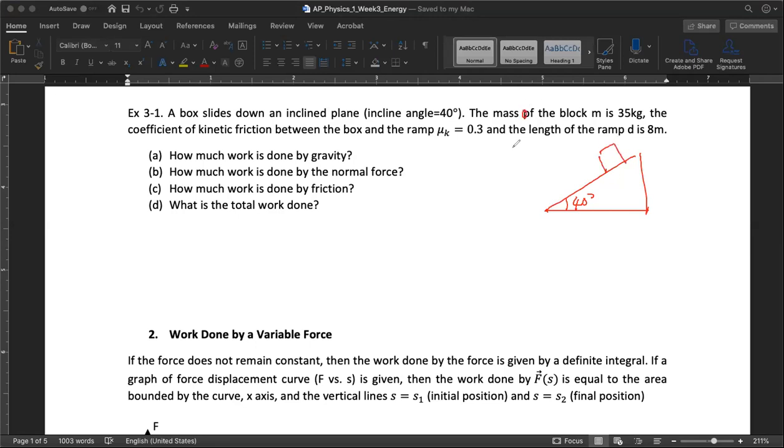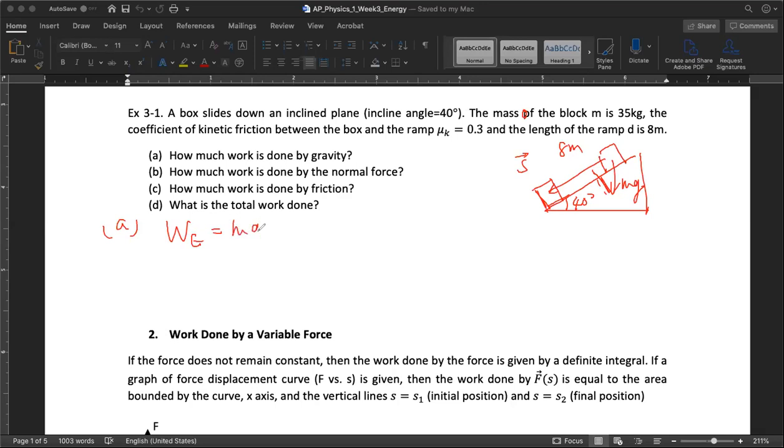The object goes from the top of the incline and finally reaches the bottom, so the displacement is 8 meters, which is the X. They want to know how much work is done by gravity. As we mentioned, only the component of the force along the displacement does work, so we need to find this component of gravity. So the work done by gravity should be what?